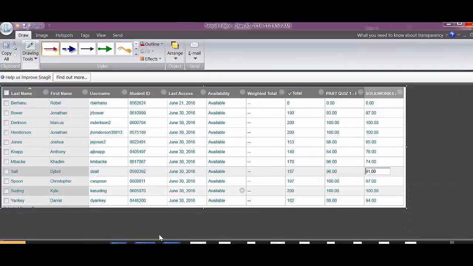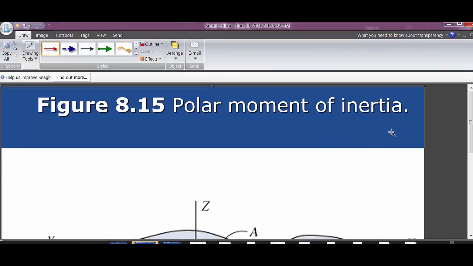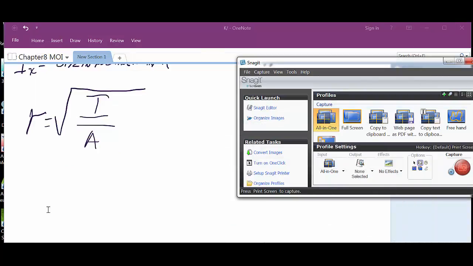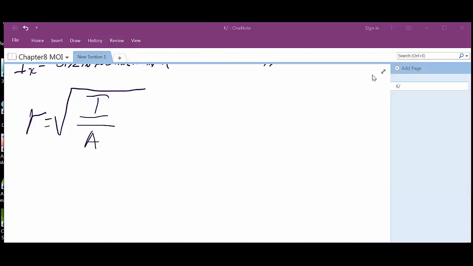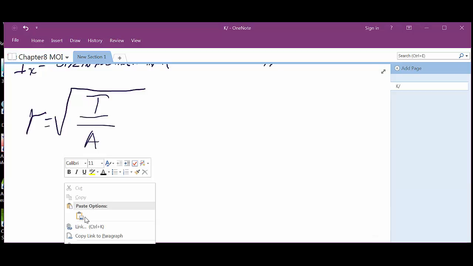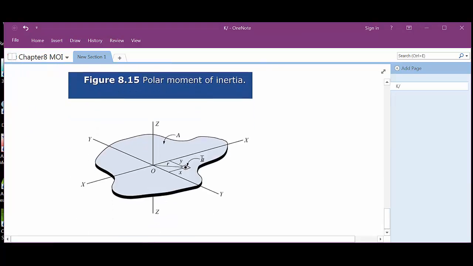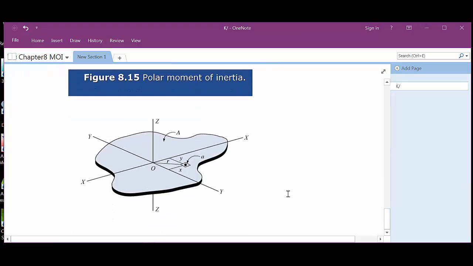Okay, polar moment of inertia, dealing with that right there. Again, it's calculated with respect to the axis perpendicular to the plane.